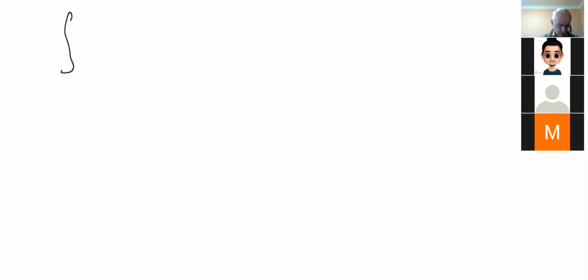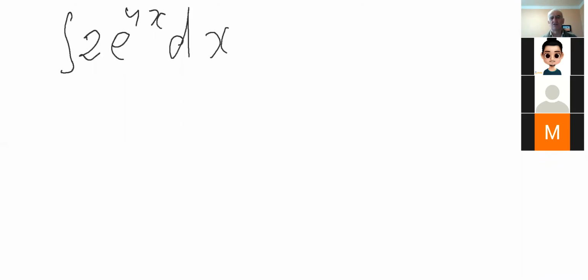Integral 2 times e to power 4x dx. Check yourself and solve this integral independently. Okay, I will follow you.